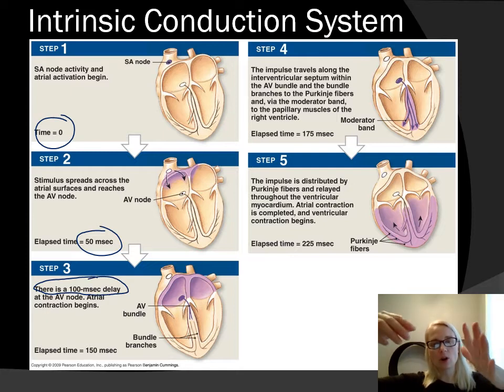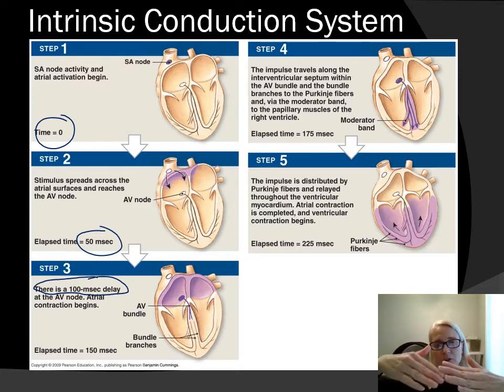The electrical activity travels a lot faster than the actual contraction, so the signal travels, then the contraction follows along. We have this 100 millisecond delay at the AV node because it allows all the atria to contract before we start telling the ventricles to contract.